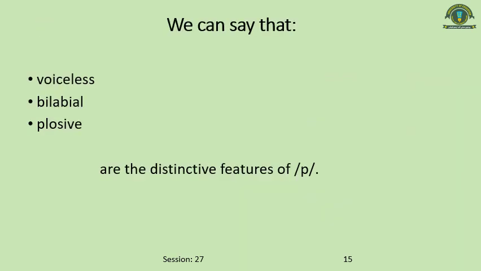Well, after detailed analysis of /p/, and by using /p/ with other phonemes, which we tried to understand when I picked up the features of minimal pairs, it's very important to understand.